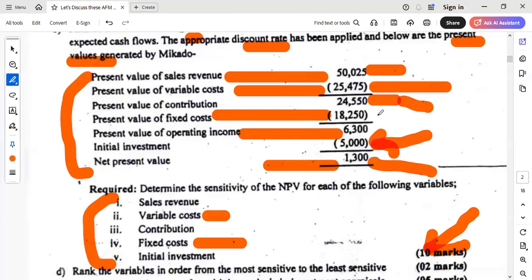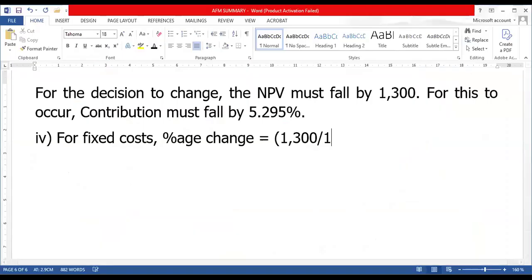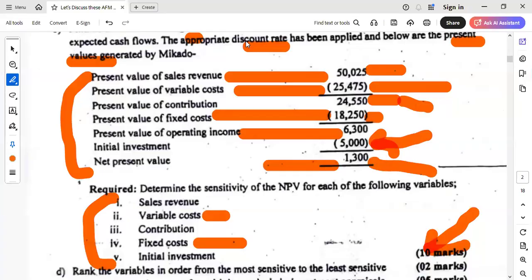It is here. 250. Perfect. When you multiply by 100, what do you get?